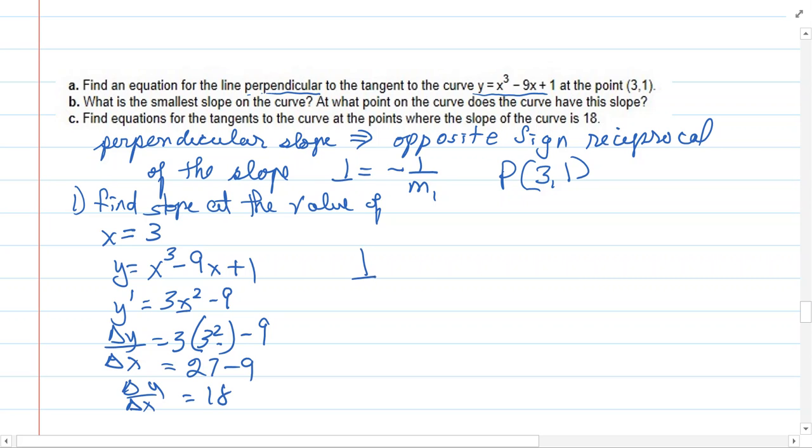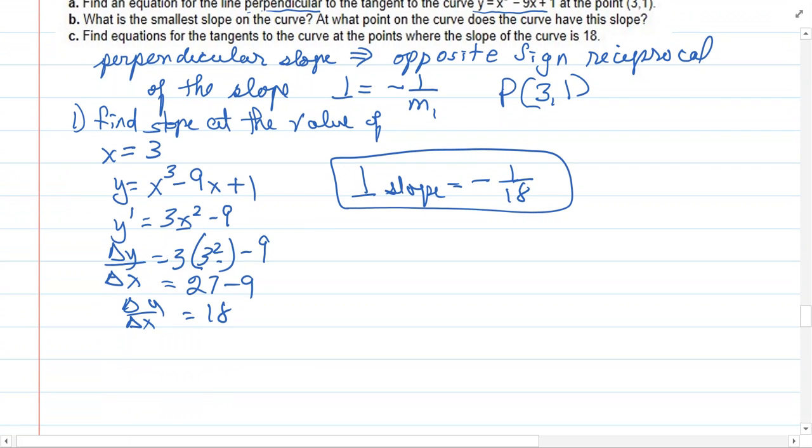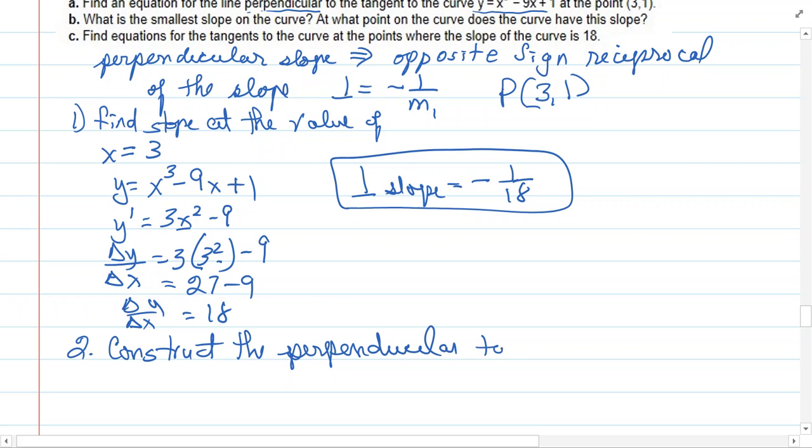Now we want the perpendicular slope. So we're going to have the opposite sign reciprocal of what we have. So this is our perpendicular slope. And they want the tangent line. So now we're going to construct the tangent line.